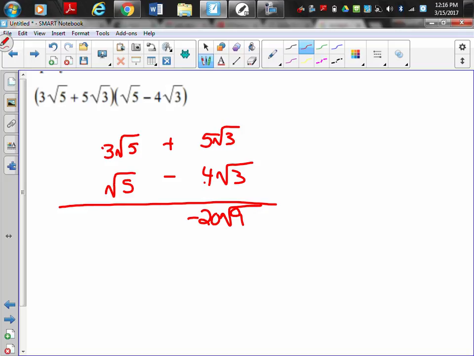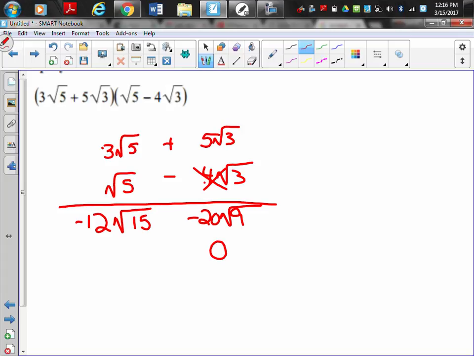Coefficient times coefficient, negative 4 times 3 is negative 12. 3 times 5 is 15. Alright, so we're done with this, so we'll get a 0 in that column.